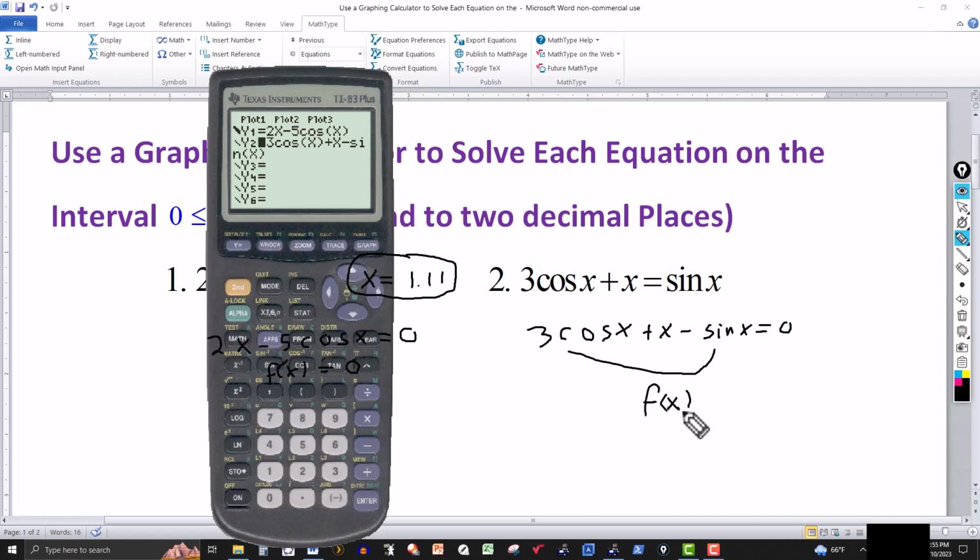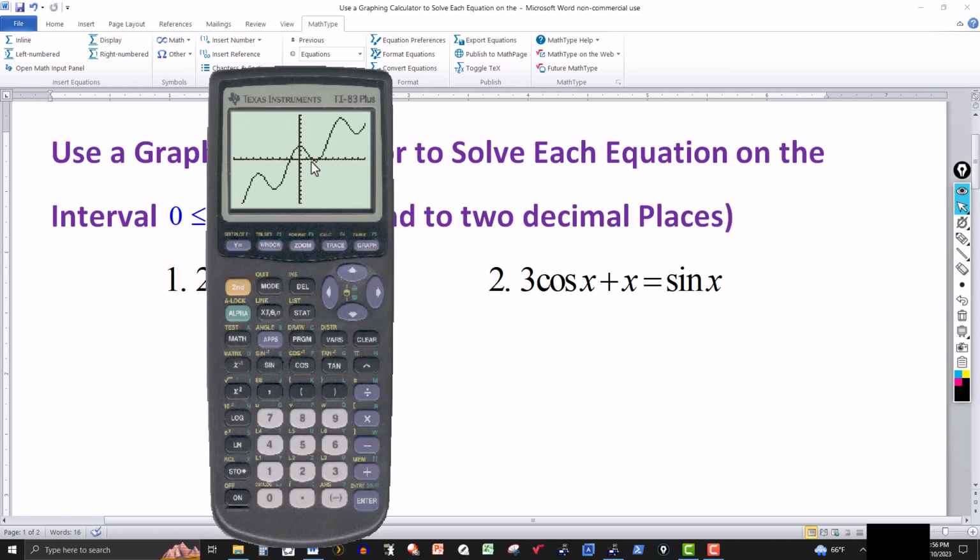So then you would graph this and find the zeros, or the same thing as the first components of the x-intercepts. Like I said, I have it entered there: 3 cosine of x plus x minus sine x. We select the second function, hit graph, and you can see there it appears to have 2 intercepts here.